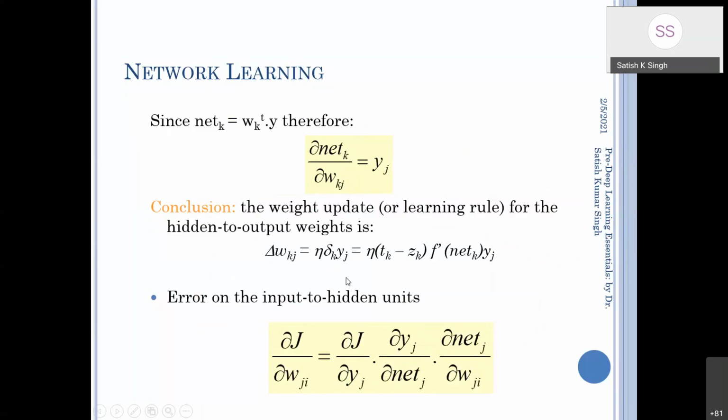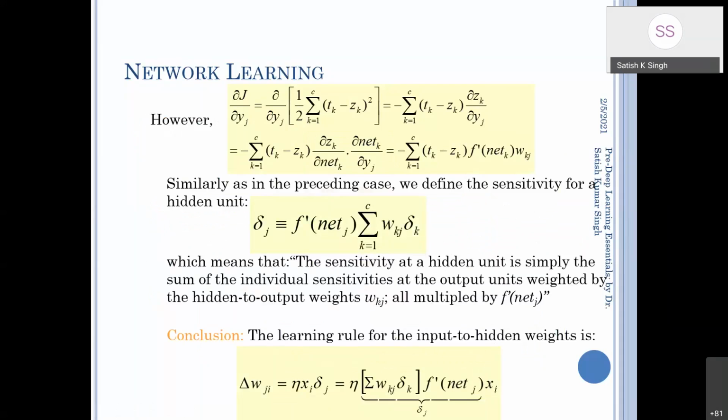Similarly, input to hidden can be obtained and the final learning rule defined. This way we can update the weights between input to hidden and hidden to output depending on the error, which is the difference between the output and ground truth. So by using the back propagation algorithm, it is possible to update or change the weights.